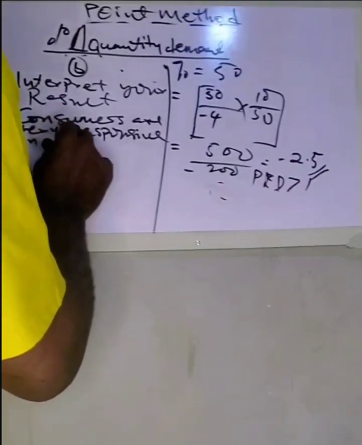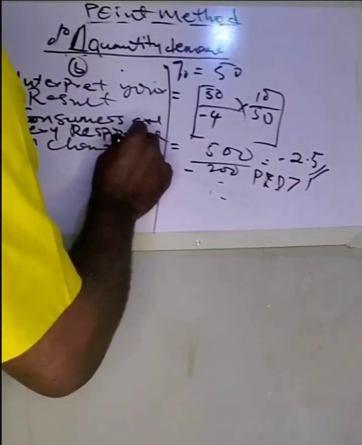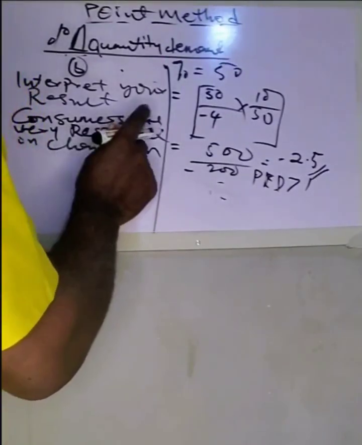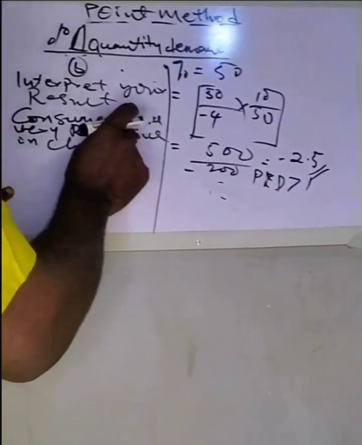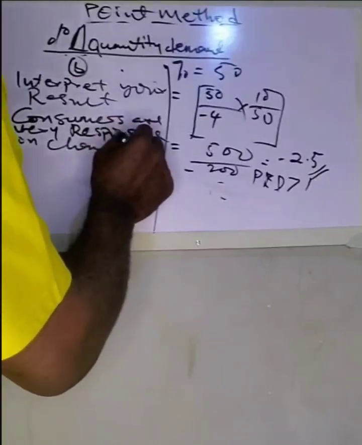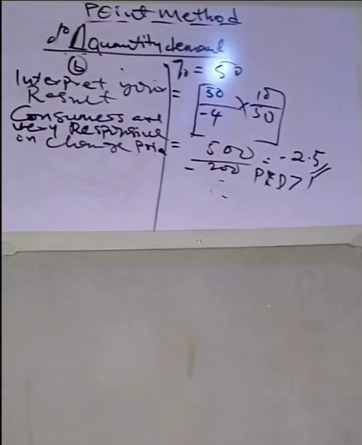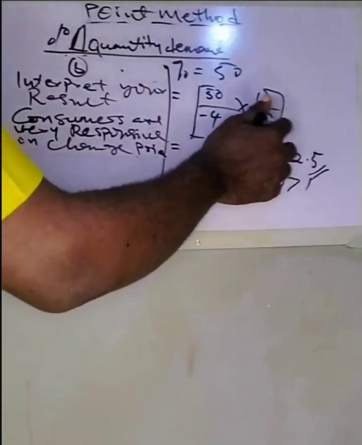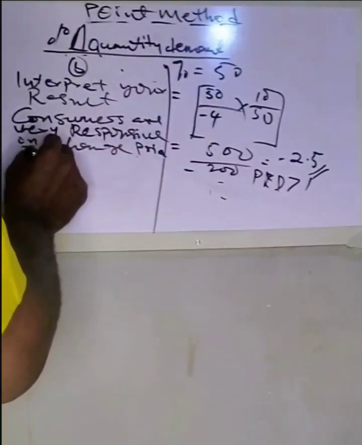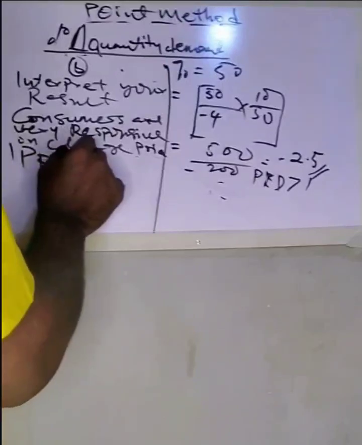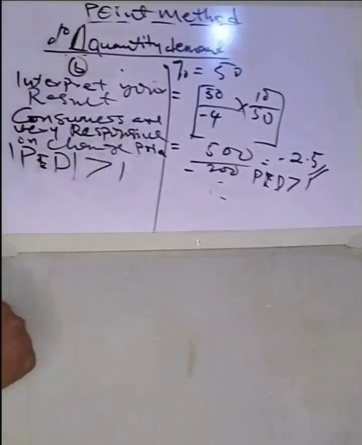That's what it means. So our final answer here is minus 2.5. PED is greater than 1.